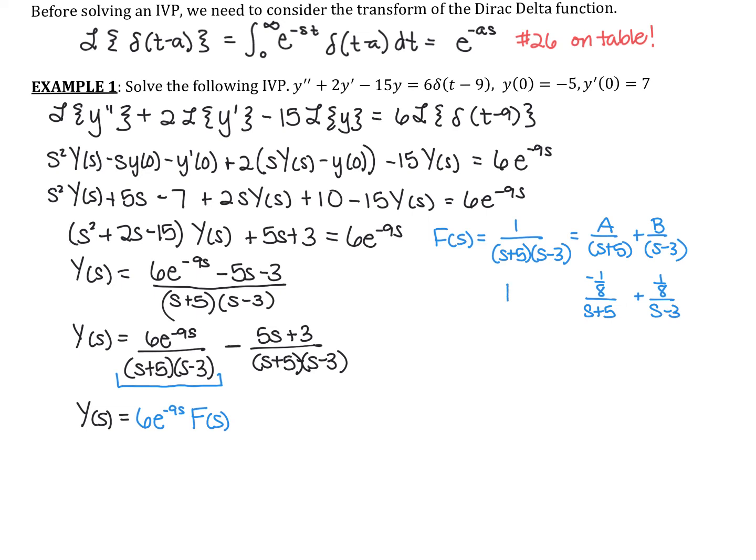So this is my F(s) function. Okay, and then if I take the inverse Laplace transform of just that portion, this lowercase f function will actually be negative 1/8 e to the negative 5t plus 1/8 e to the 3t.